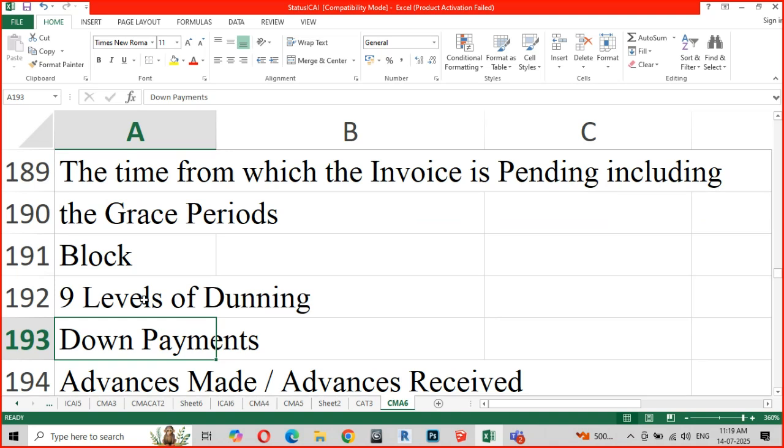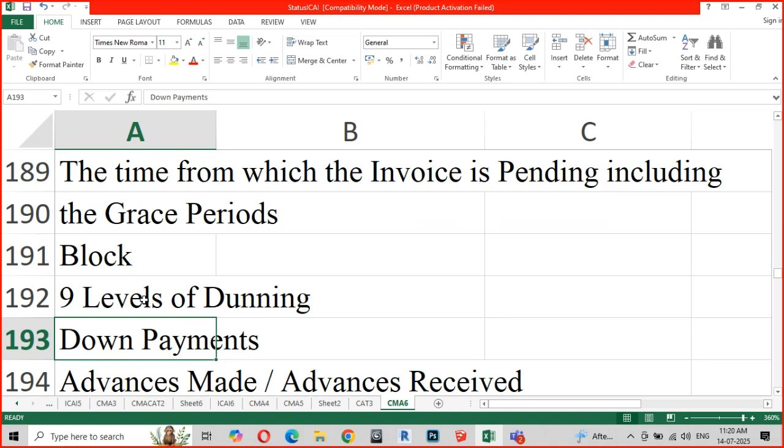SAP allows you a maximum of 9 reminders to go to the customers. But just imagine a scenario where you're reminded 9 to 10 times, n number of times for something. Won't you get irritated? The same thing happens to the customer also, right?